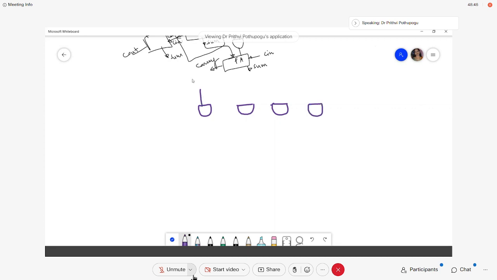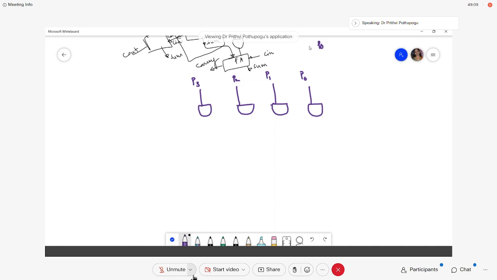So this is, say, P3. What is the order I took? Whether it is P2, P3, P1 format, or you can take this as P1, P2, P3, P4, whatever the format.